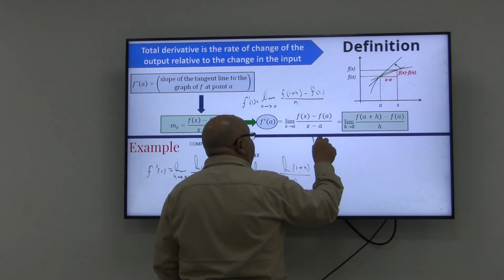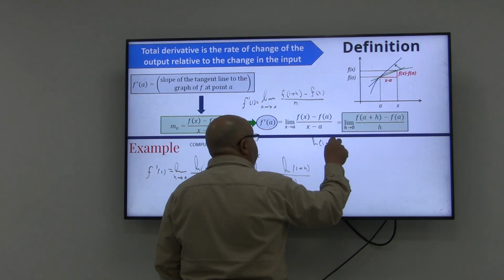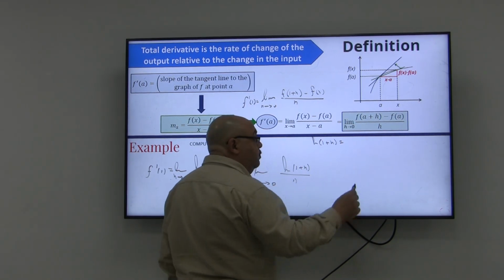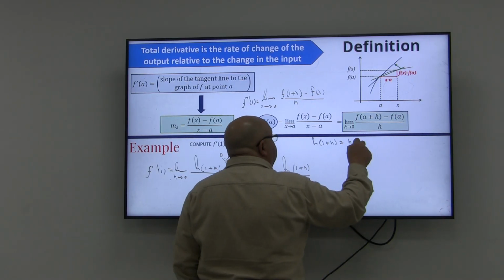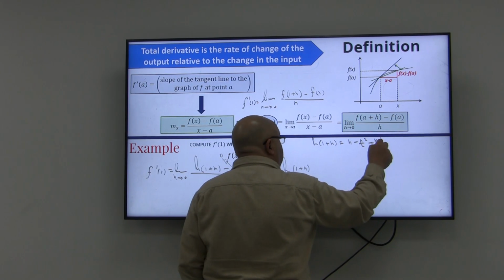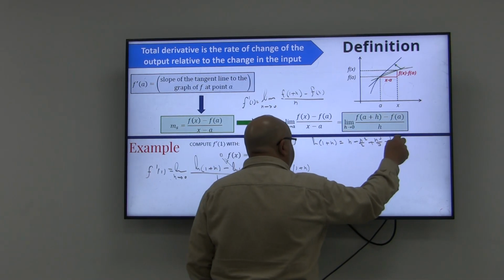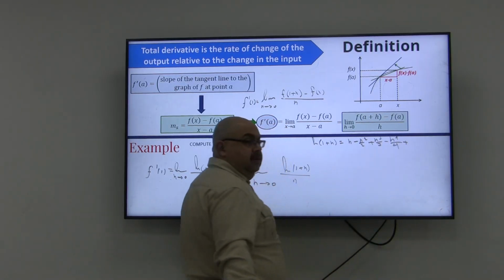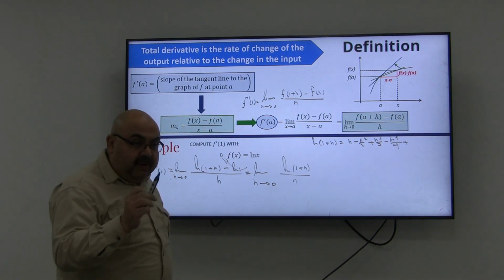If I want to expand ln 1 plus h using the Maclaurin expansion, the expansion will be h, then minus h squared over 2, then h cubed over 3, minus h power 4 over 4, plus and so on. This is the expansion of ln 1 plus h.